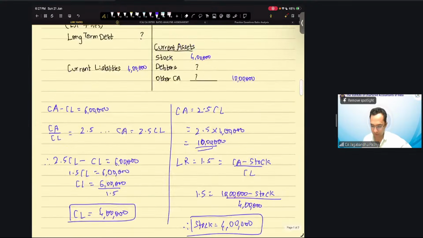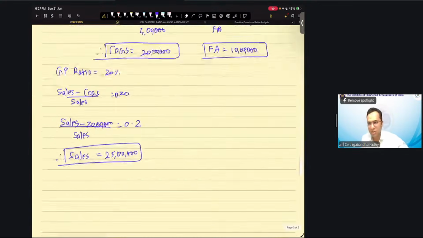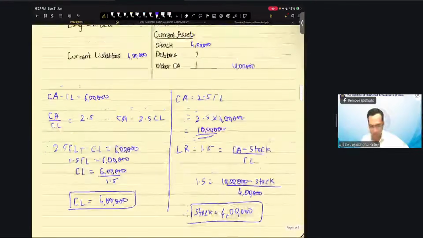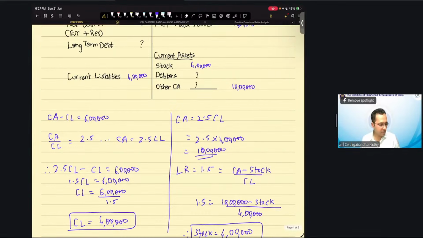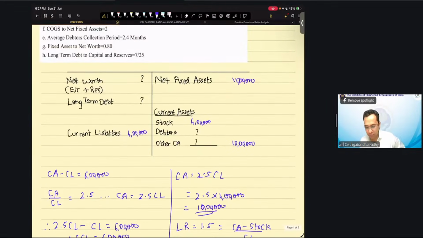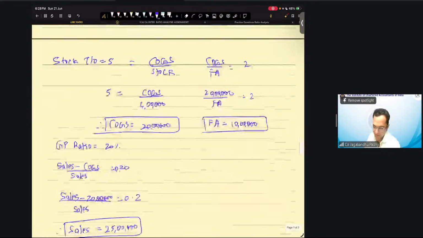So we got the sales value as 25 lakh, but that sales is not going to enter my balance sheet. The value connected with the sales, which is the debtors, will be calculated because average debtors collection period is 2.4 months.